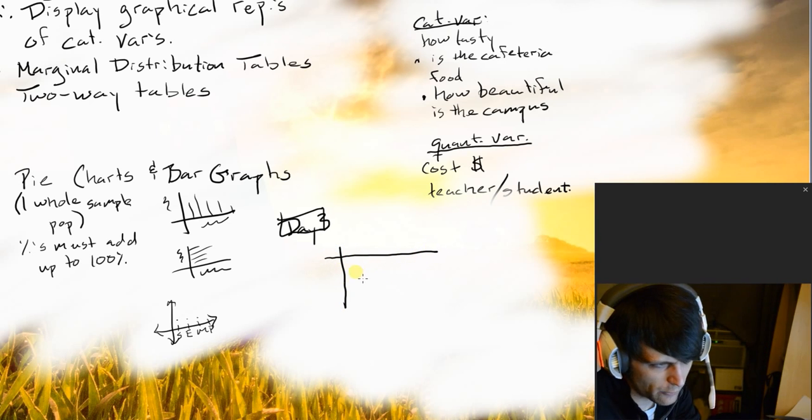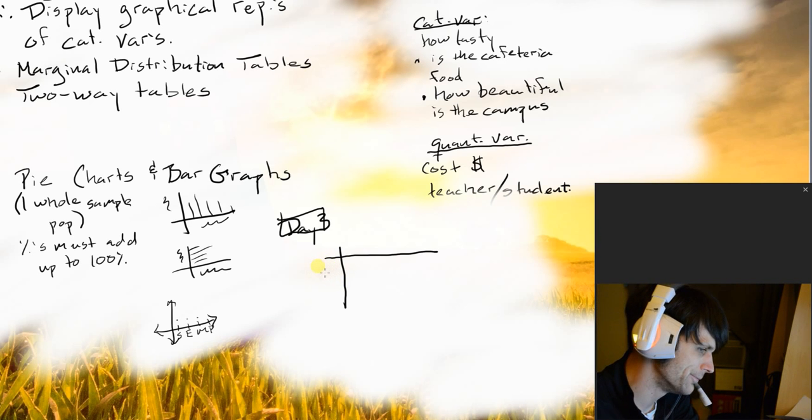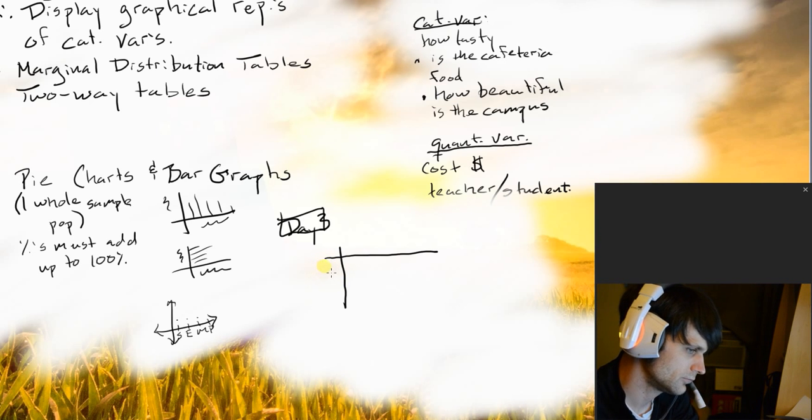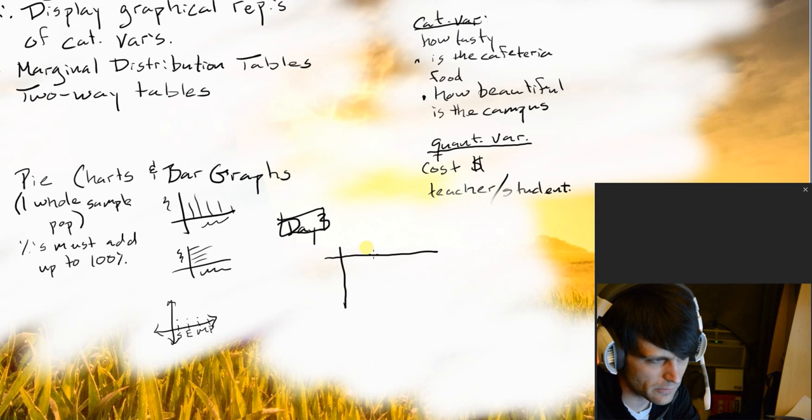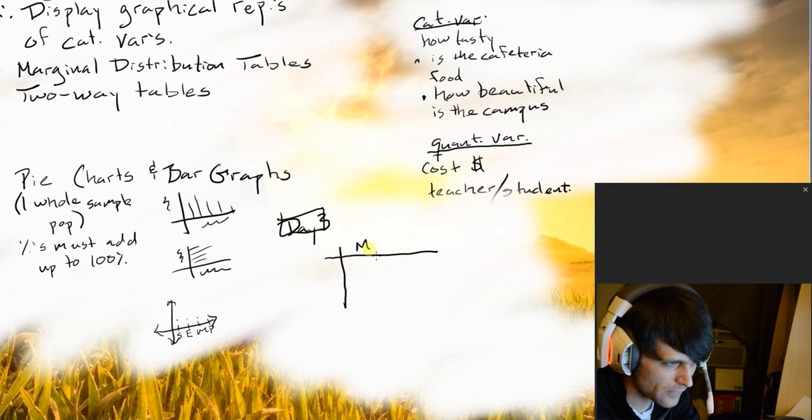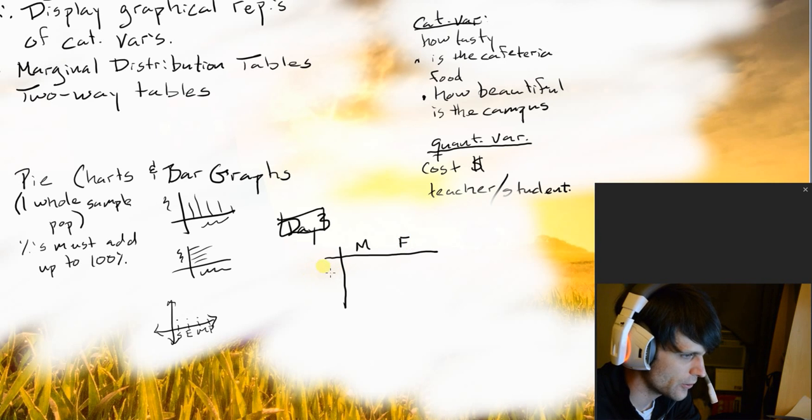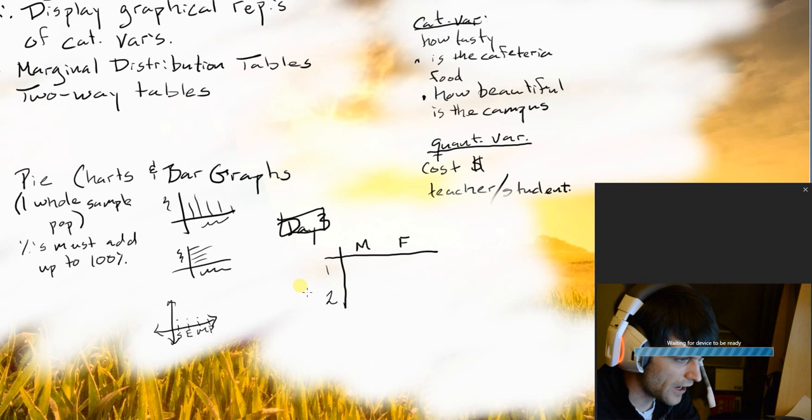The example that we did in class was, we went ahead and talked about male and female attendance at two different concerts, okay? So, concert 1 and concert 2.